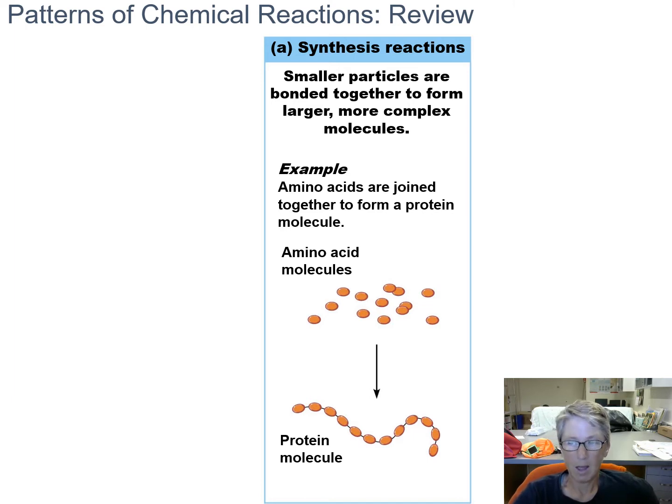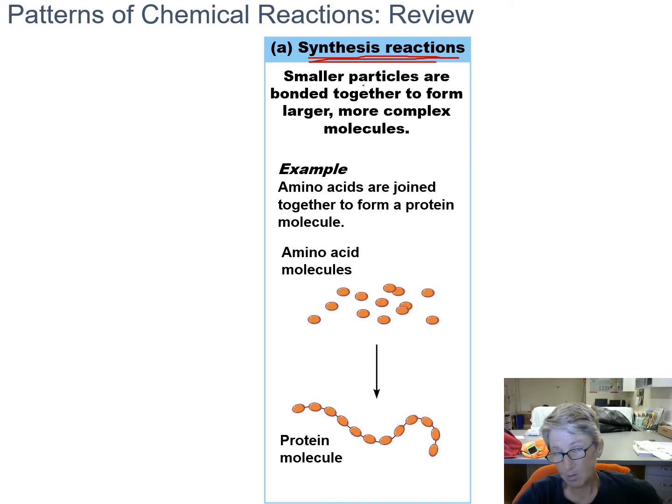I did this on the last video, but I want to go over it again because it will be important for this video. There are a lot of different types of chemical reactions, but important for physiology is a synthesis reaction. In a synthesis reaction, smaller particles are bonded together to form larger complex molecules.